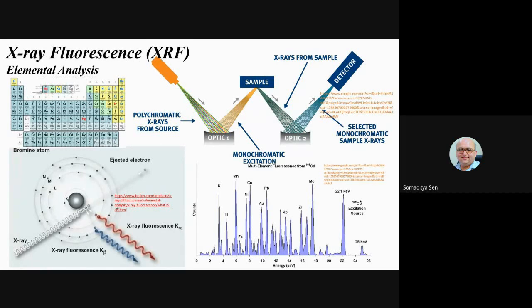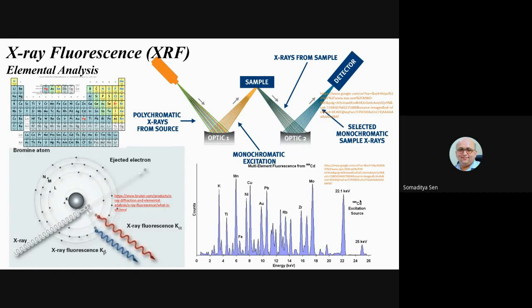Neutrons also are very important, but neutron spectrometers are not very common, and they are in very high demand, but not available everywhere, and are very costly to run also. So we have resorted to X-rays and electrons. Even with electrons, electron microscopy is very costly. So comparatively, X-ray is the better way of looking into materials.